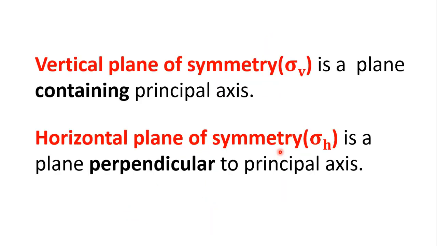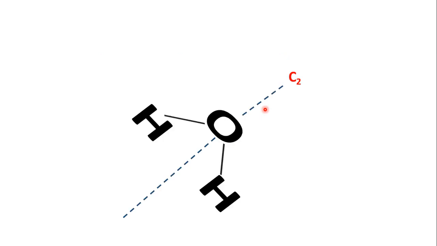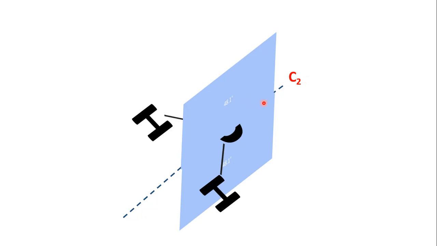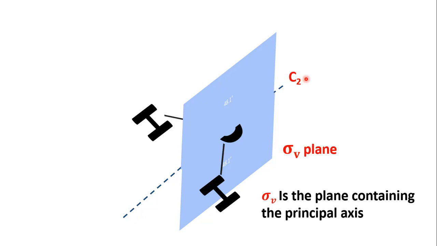If you see the definition, a vertical plane of symmetry is a plane containing the principal axis. C2 is the principal axis, this is the plane, and the plane contains the principal axis, and so this is known as sigma v. Sigma v is the plane containing the principal axis.